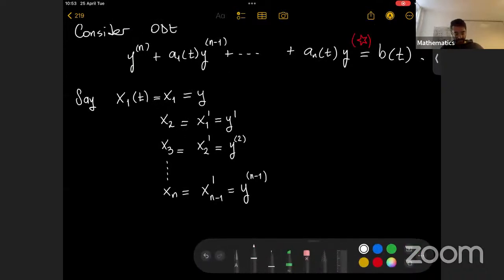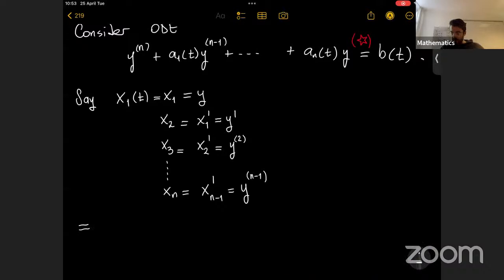Well, what is xn prime? Let's write the derivative of xn. The derivative of xn is basically the derivative of y of order n, using the star.